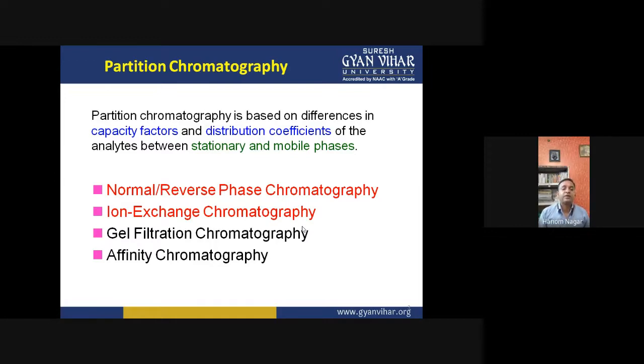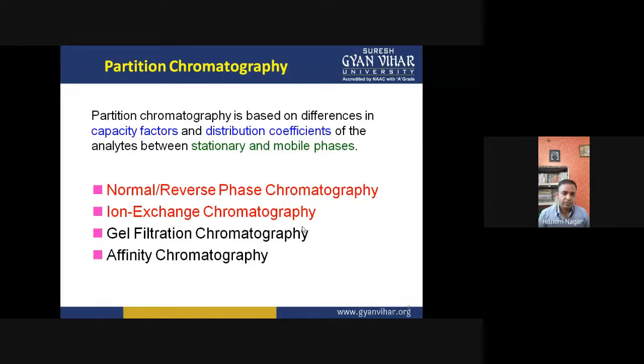It means the capacity factor is directly proportional to the difference of the retention time of retained and non-retained species. Okay. The retained species is the compound to be separated, and the non-retained species is actually the mobile phase.